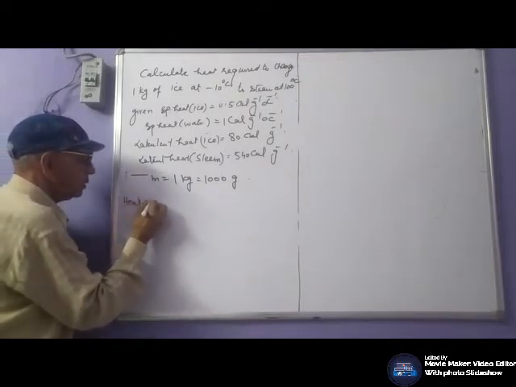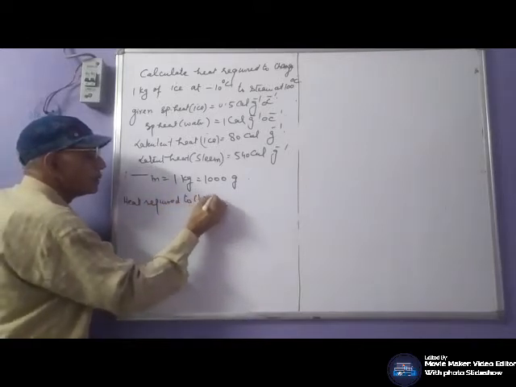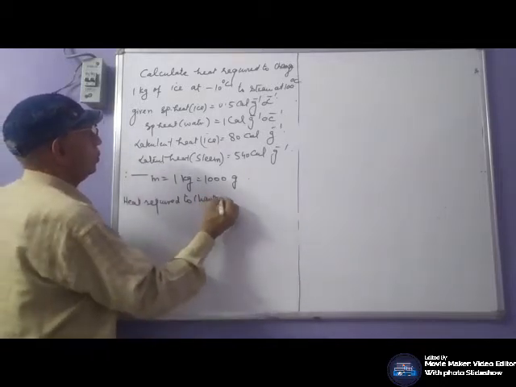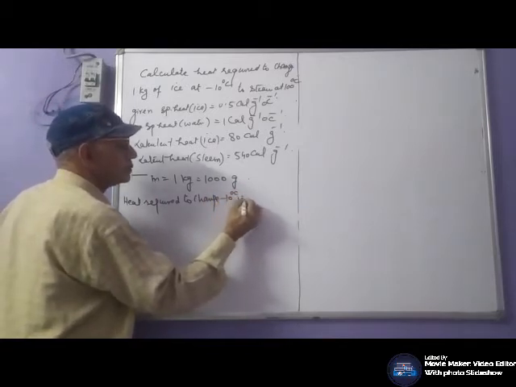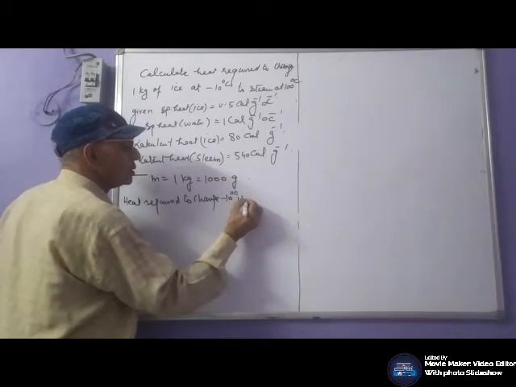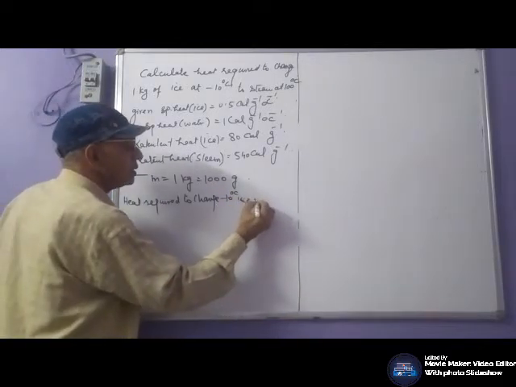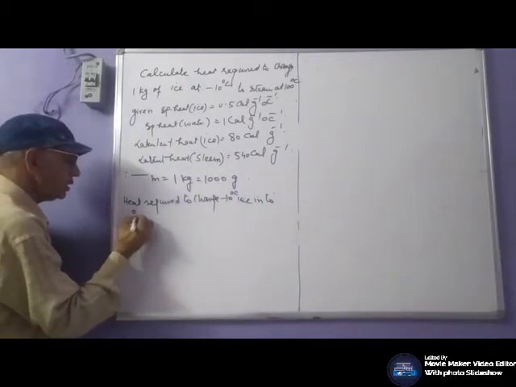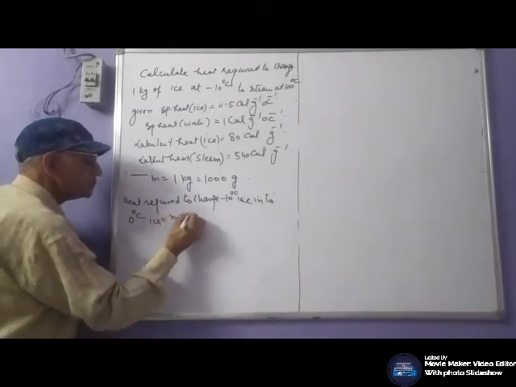Heat required to change minus 10 degrees Celsius ice into 0 degrees Celsius ice: it is MCT.